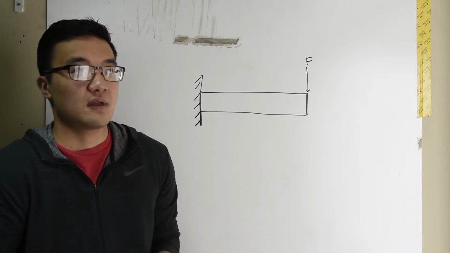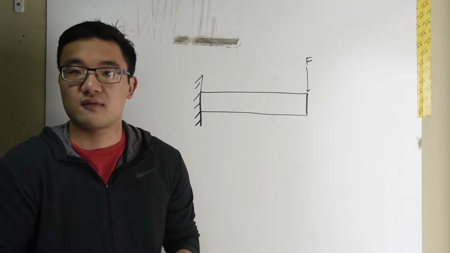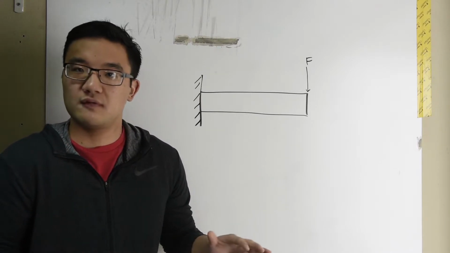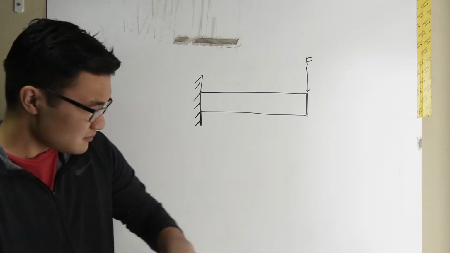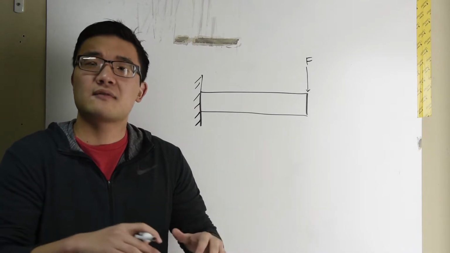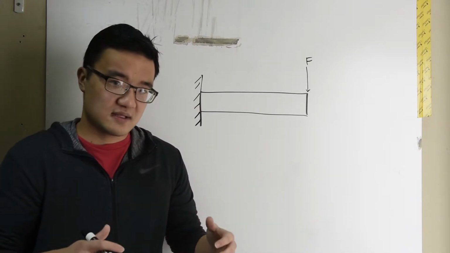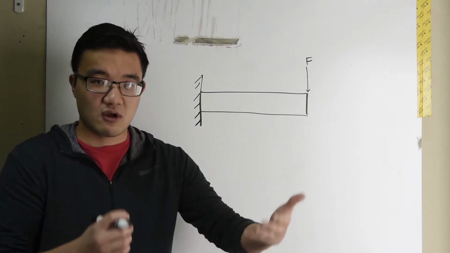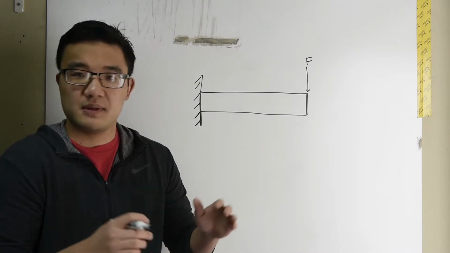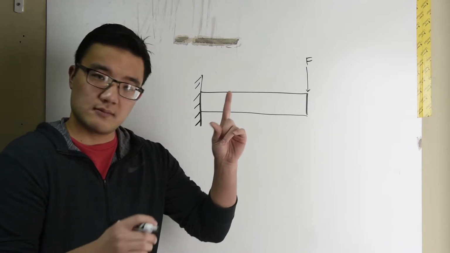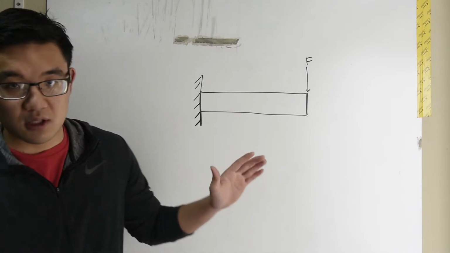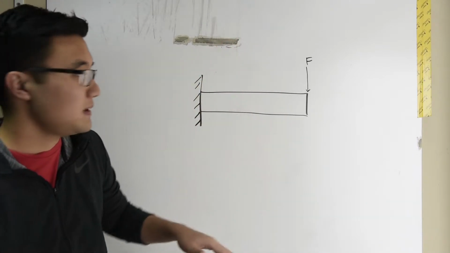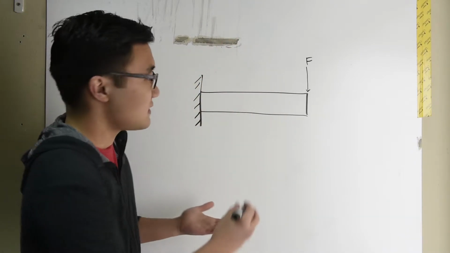A great example that my CEE professor gave me was, think about a roof that's covered in snow. Snow has mass, but that force, the mass times gravity, is not being applied at one point. Instead, if I were to draw a distributed snow force, imagine there's a bunch of snow on this beam, it might look something like this.